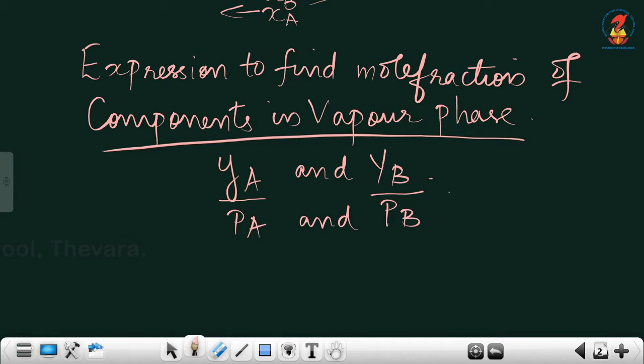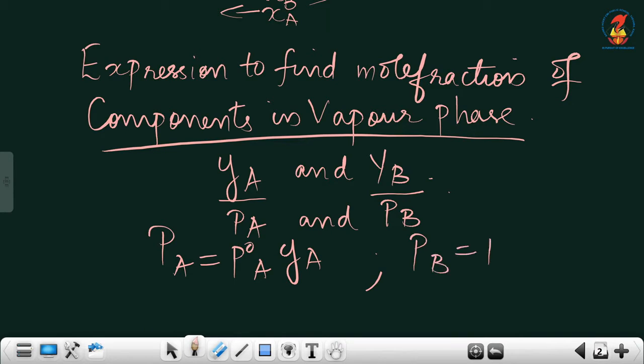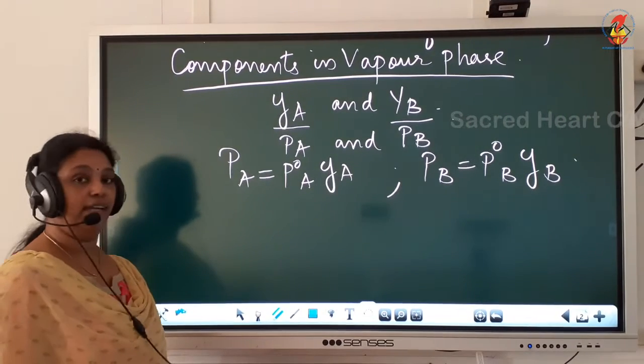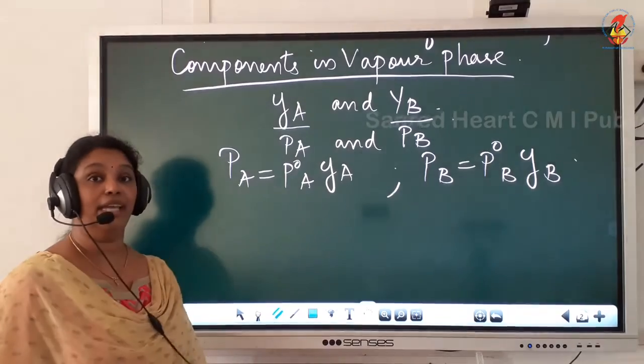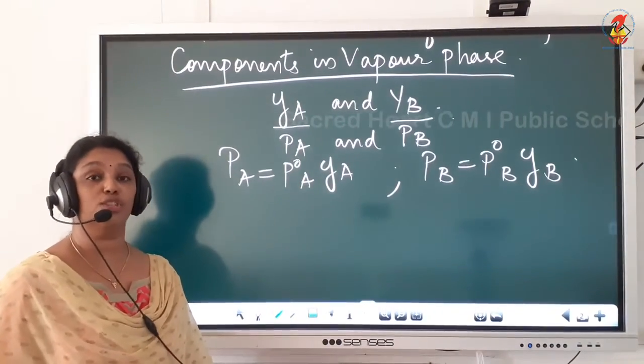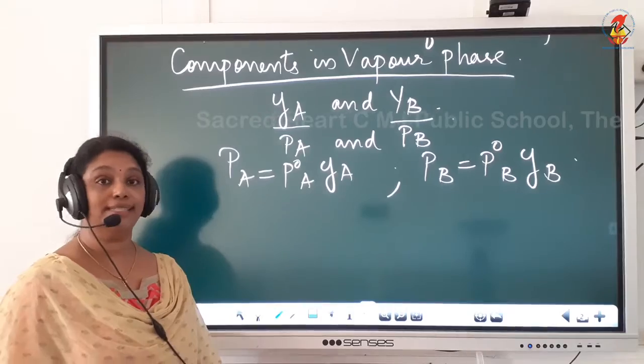According to Raoult's law, PA is equal to P0A into YA and PB is equal to P0B into YB. Instead of XA and XB, we wrote YA and YB, the mole fraction of solvent and solute in the vapor state.